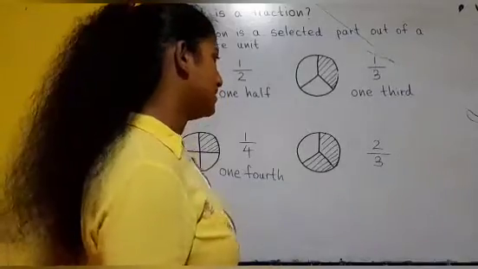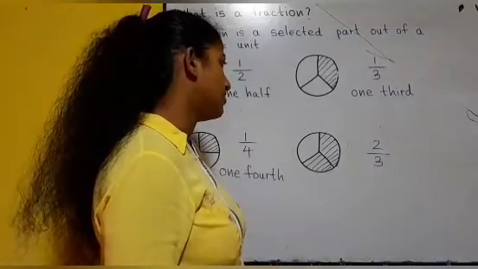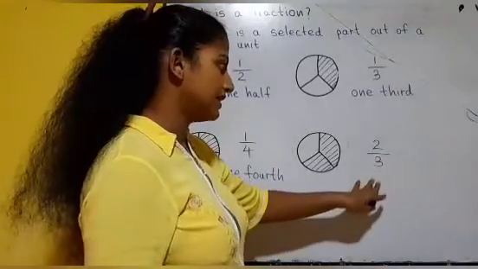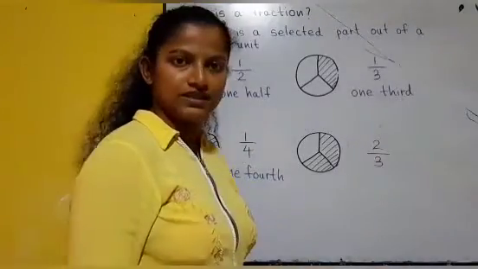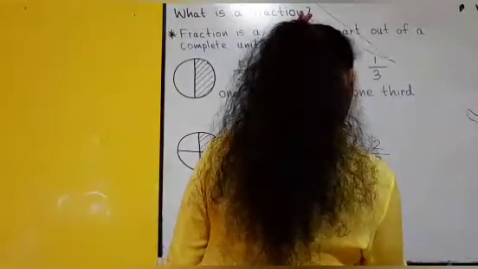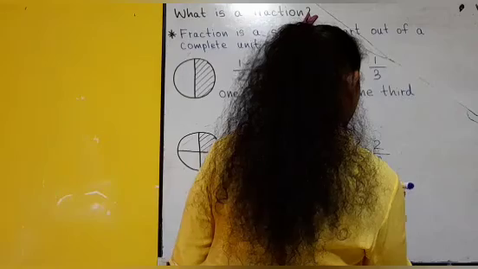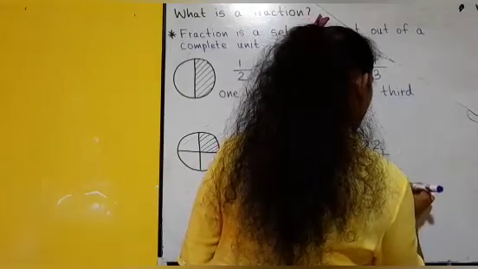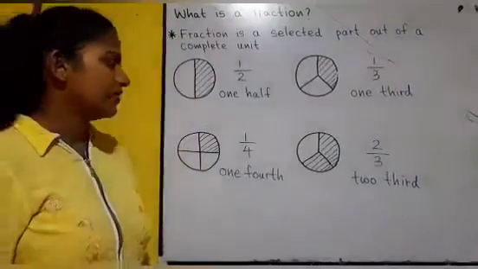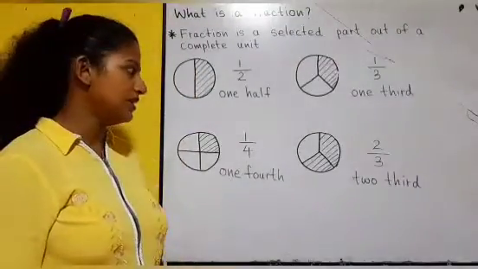How are we going to write the fraction here? 2/3 is the way we are reading this fraction. This is the way we are identifying the fraction by using a figure.